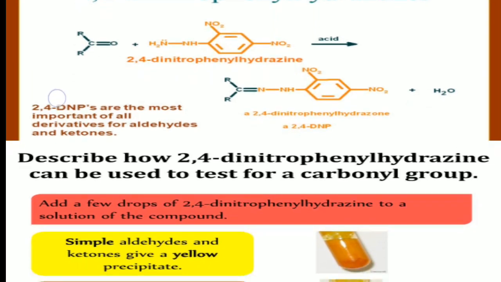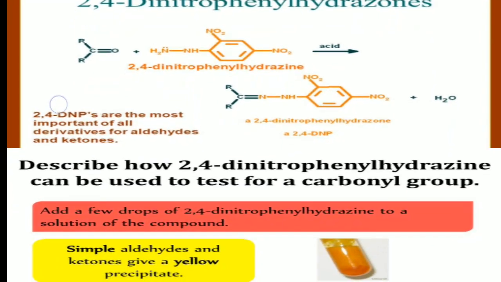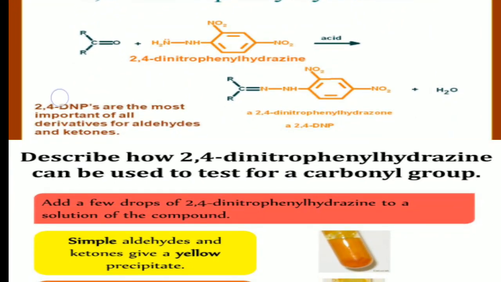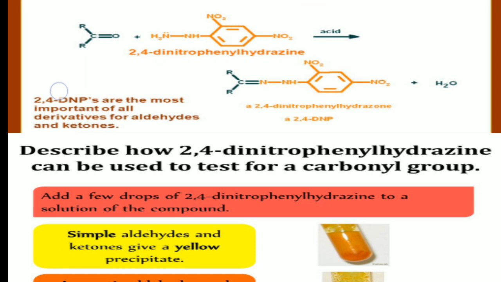Generally, by using this 2,4-DNP solution, we can identify or differentiate aldehydes and ketones from other organic compounds like alkanes, alcohols, like that.